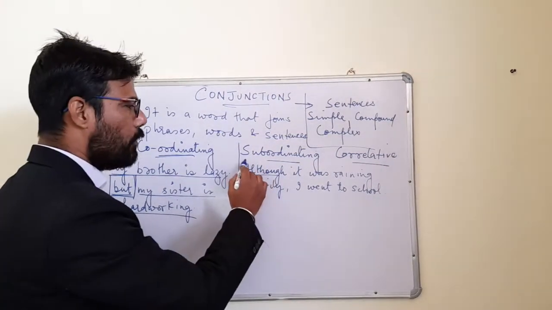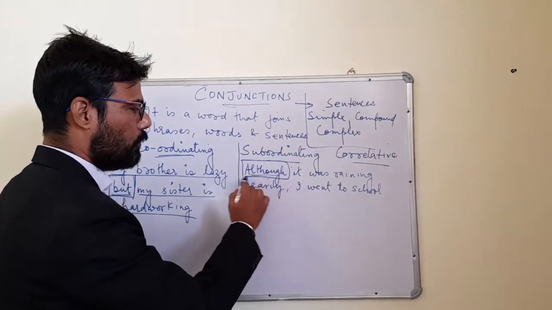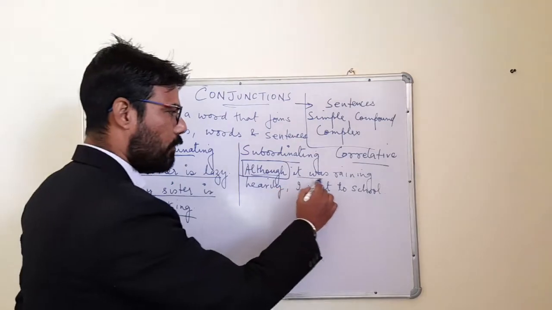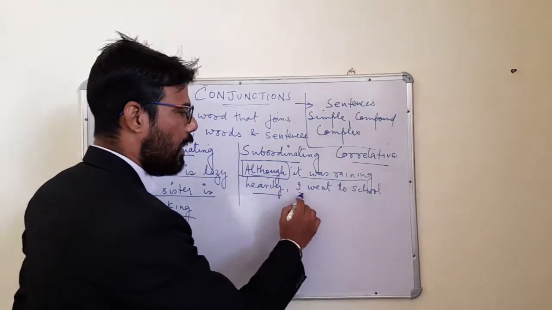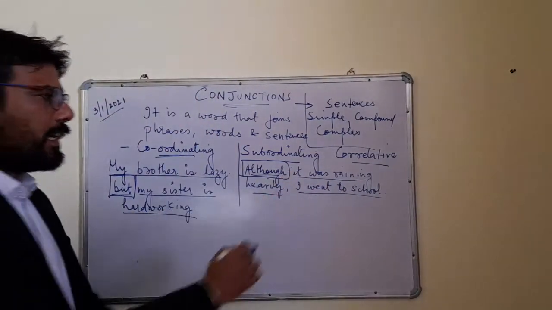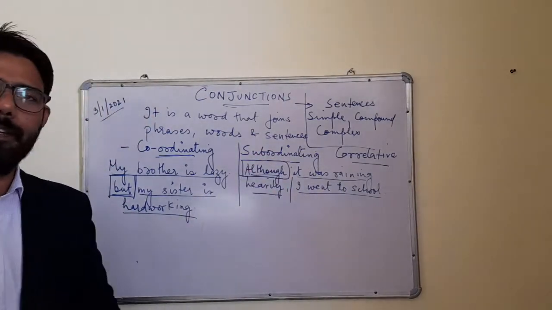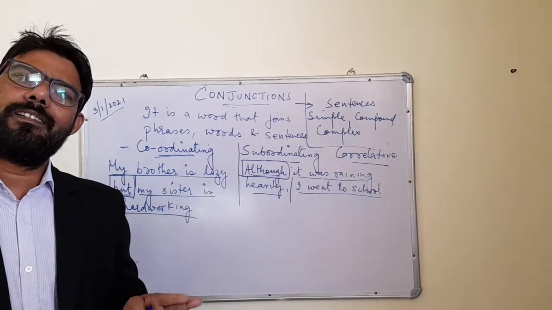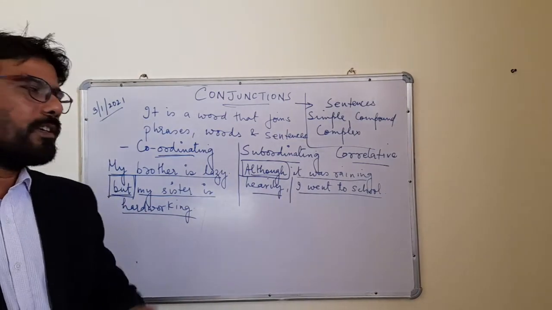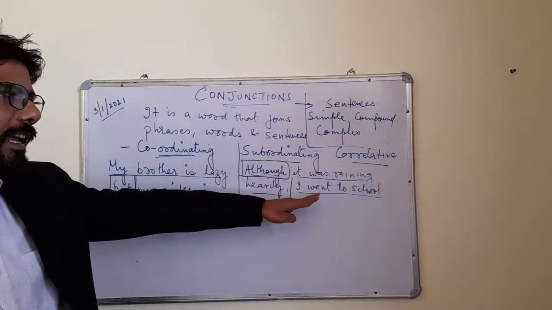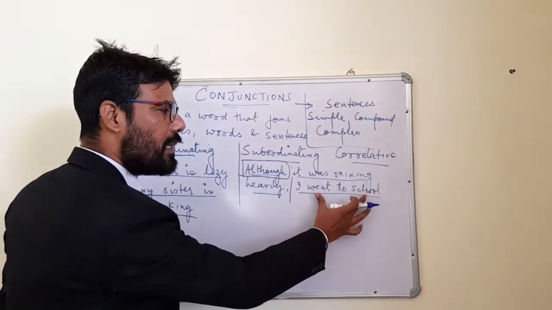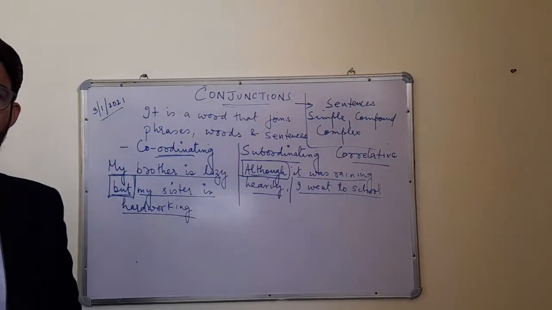Now here, if I remove although, it was raining heavily, I went to school. Now children, if I say it was raining heavily, don't you think the sentence is somewhere incomplete? So this sentence actually needs the help of an independent sentence. I went to school is an independent sentence.